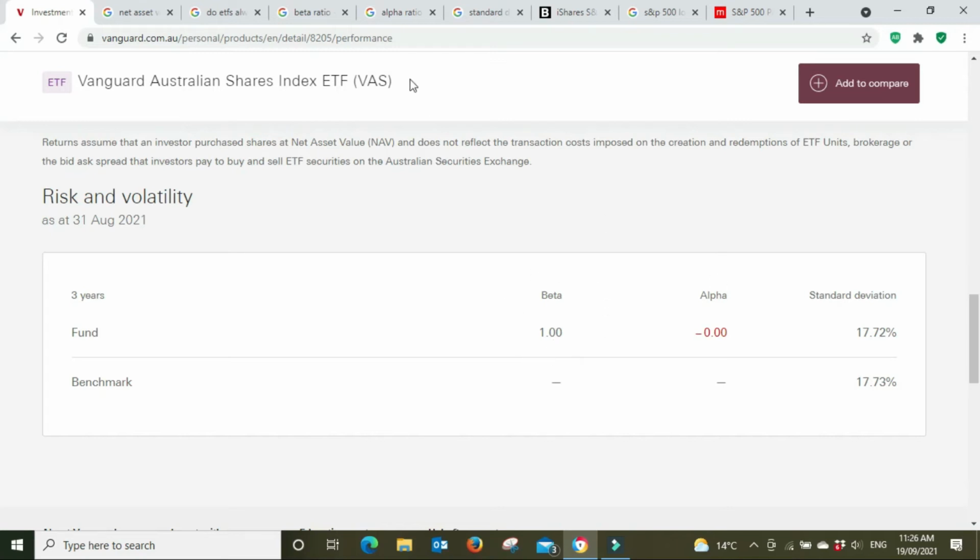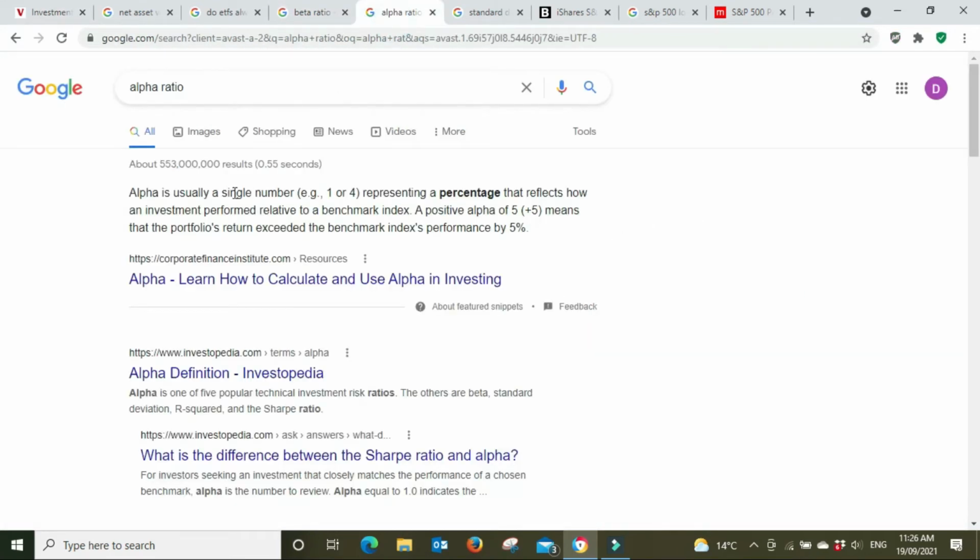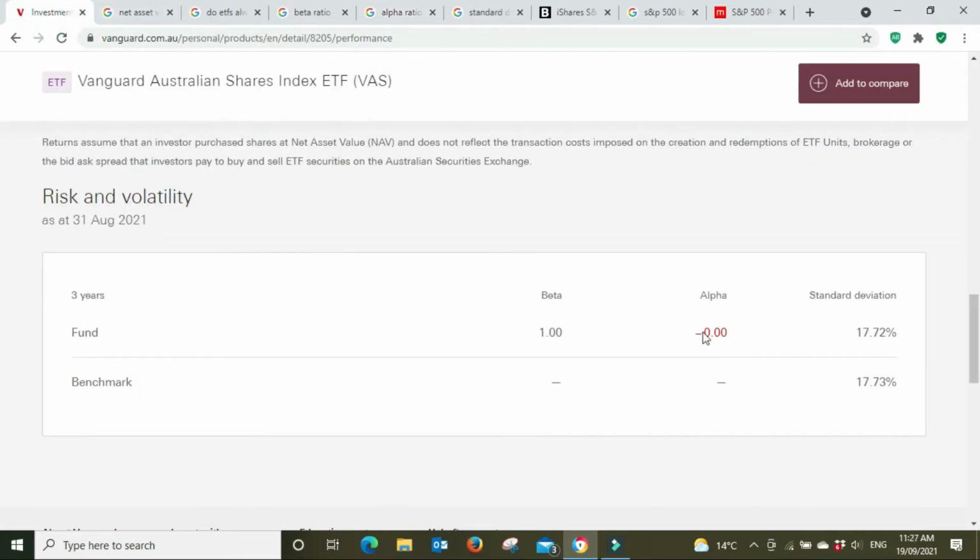Now the alpha rate. Alpha represents a percentage that reflects how an investment performed relative to the benchmark index. A positive alpha of 5 means that the portfolio's return exceeded the benchmark index's performance by 5%. Now, because VAS is so closely replicated to the benchmark, you would expect the returns to be exactly the same.